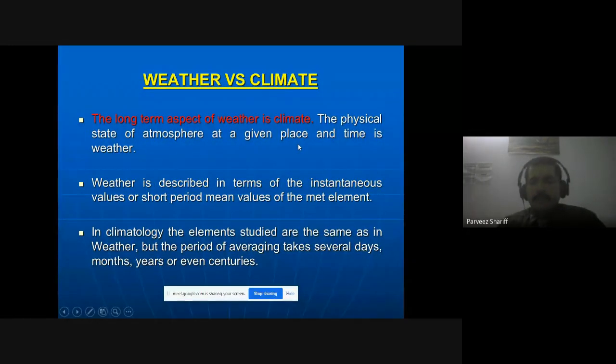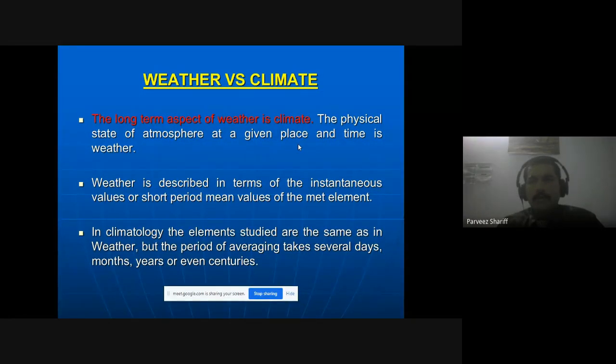Now, what is the difference between climate and weather? That is very important for us to understand. Weather, as I told you, is the continuous change in the atmosphere. As you have seen in the satellite image which I have shown, the clouds are continuously moving. That is the change in the weather. Climate means it is studied for a longer duration of time.